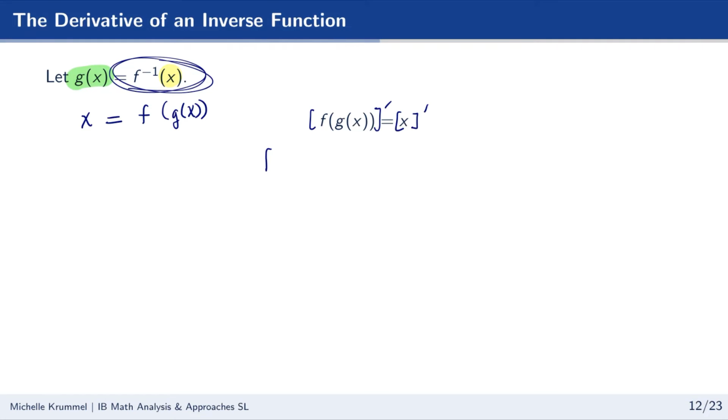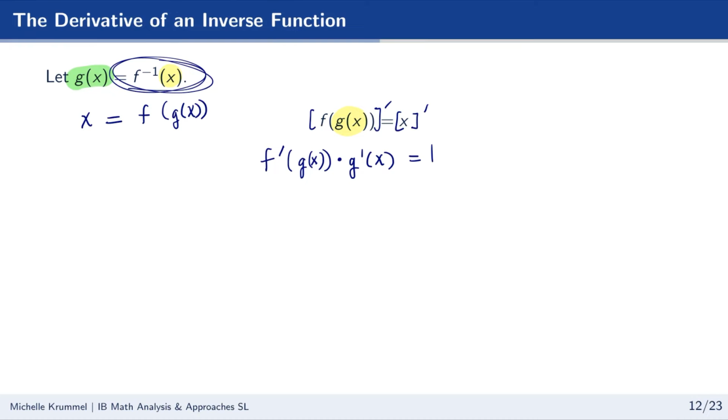For the chain rule here, the inside function is the g of x. So we start by taking the derivative of the outside function, f of stuff, which is just f prime of the stuff, times the derivative of the stuff, which is g prime of x. Right? And that's equal to the derivative of x, which is just 1.